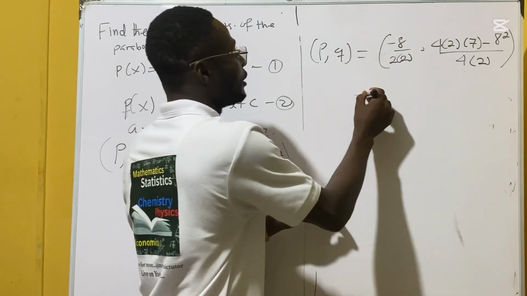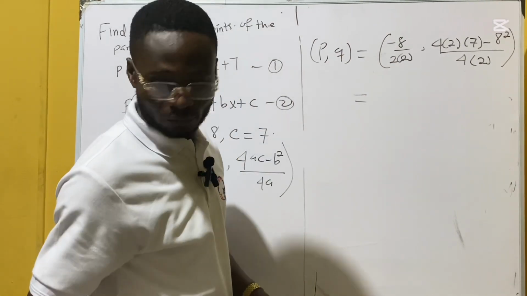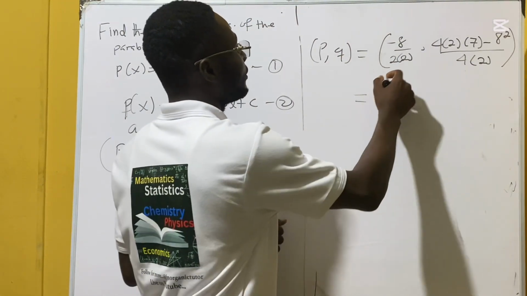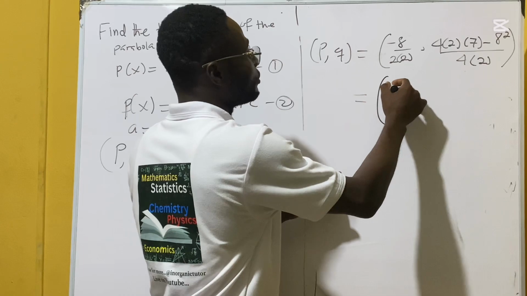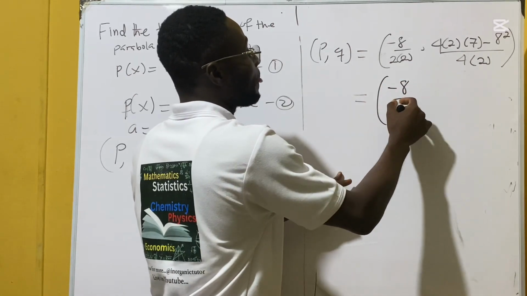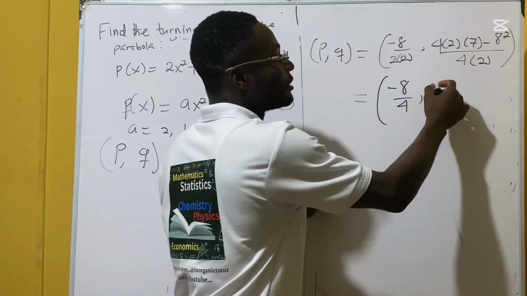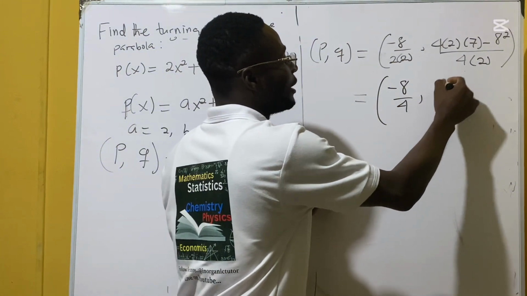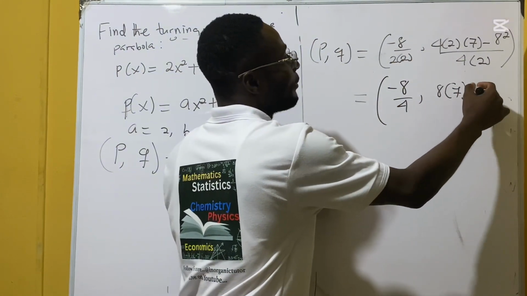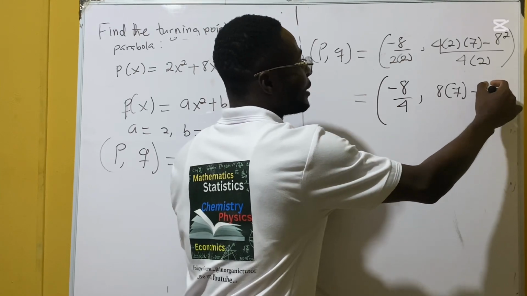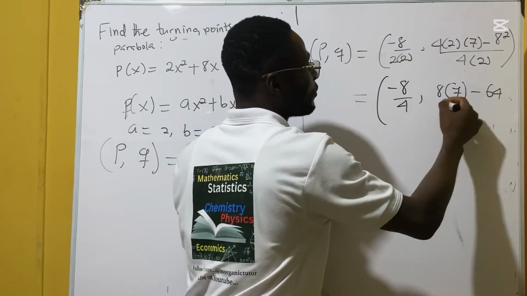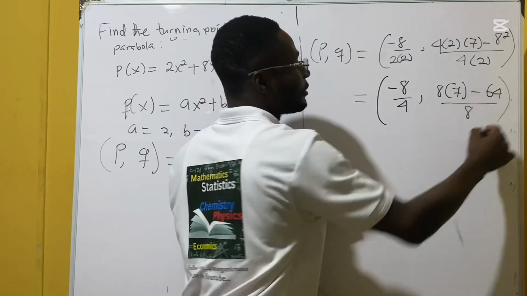So here we're going to have our turning point to be minus 8 over 4, comma 4 times 2 is 8, 8 times 7 minus 8 squared is 64 over 8, right?